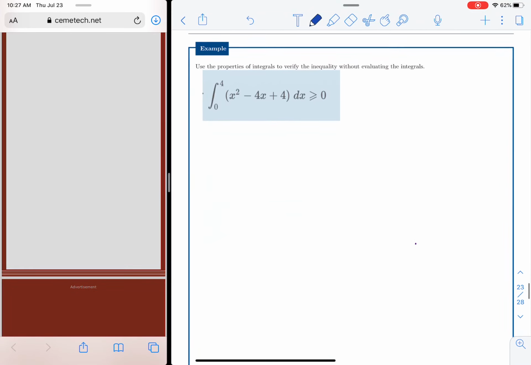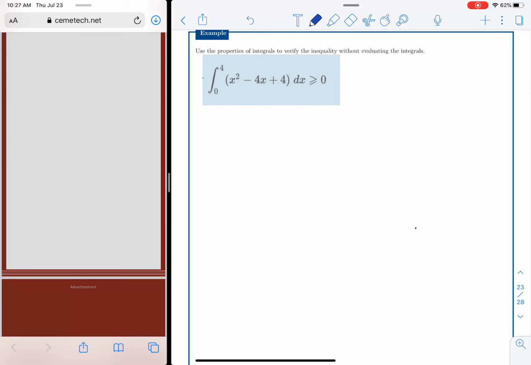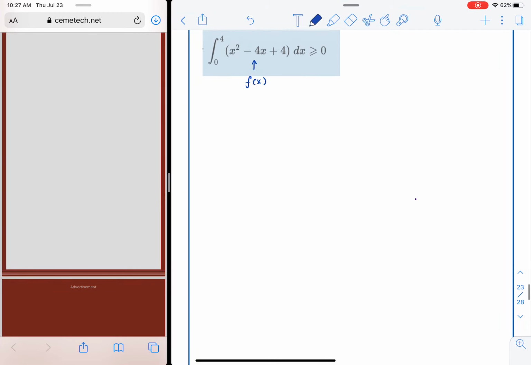So here we have to verify the inequality without evaluating the integrals. So what we have here is the integral from 0 to 4. Now, f(x) is x squared minus 4x plus 4, which would be (x minus 2) times (x minus 2) if we factor, which is (x minus 2) squared.